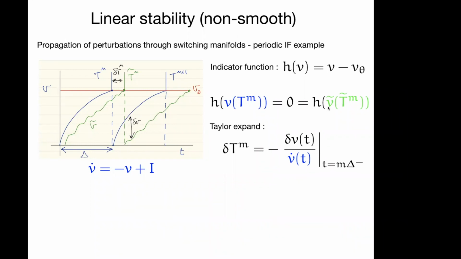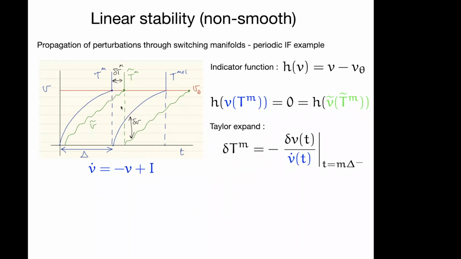And so the same definition holds for the perturbed trajectory at the perturbed firing times. These things both equal 0. And if the blue objects are close to the green objects, you can do a little bit of Taylor series expansion and relate this deviation in time to this deviation in state. And they're just proportional, and they depend upon the velocity of the periodic orbit, the unperturbed orbit, just before the event.